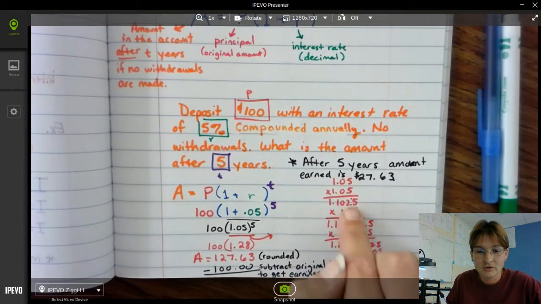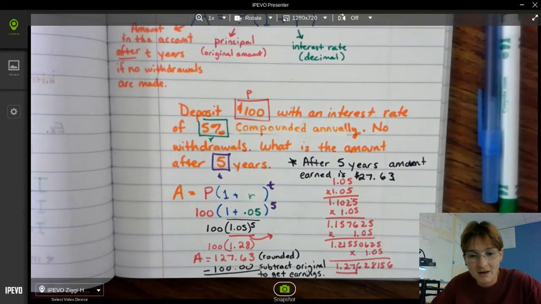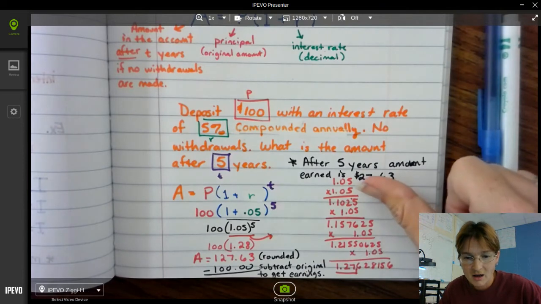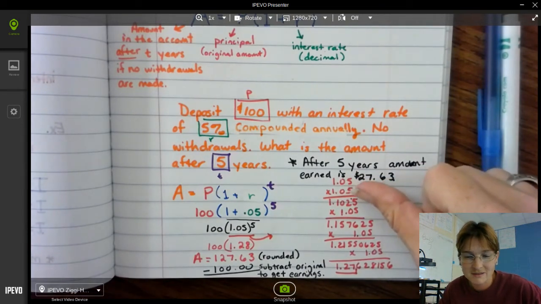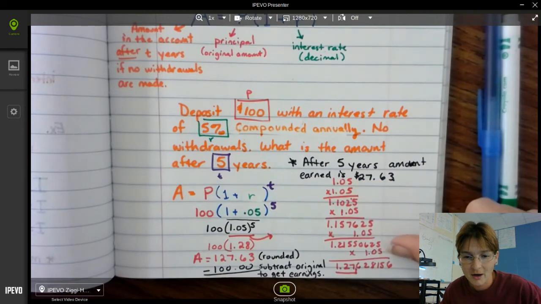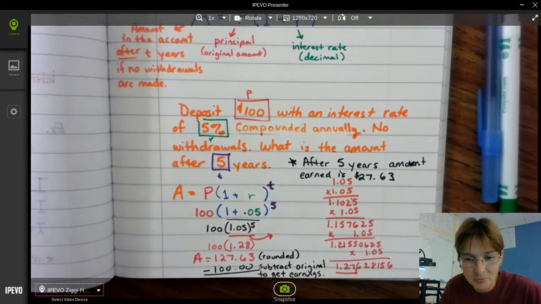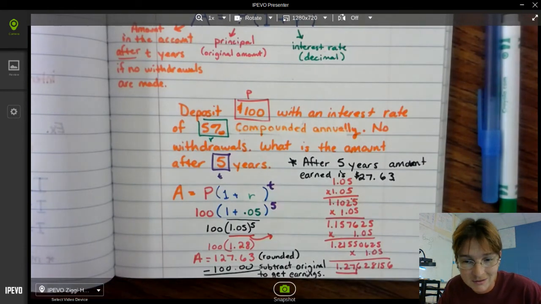So 1, 2, 3, 4, 5. I did use a calculator to save some time, and you're more than welcome to do that. In class, we may take one opportunity to actually work out the mathematics of it. But to save some time, I used a calculator, and after I did 1.05 to the 5th power, we get 1.2762856. Since we're dealing with money, I only need to go to the hundredths place value because that would be the 1 cent with money.